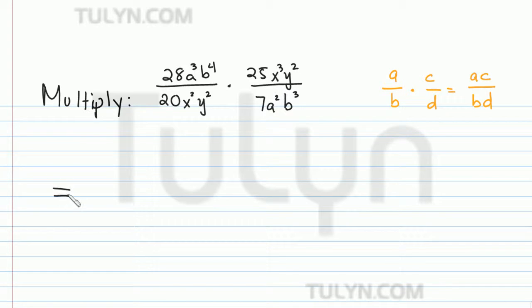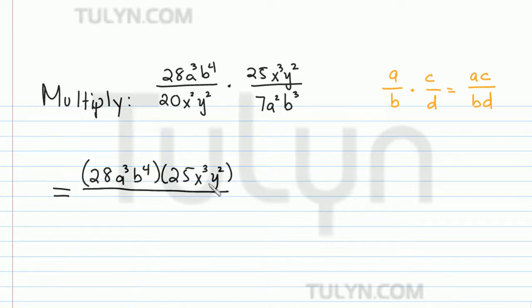So you can rewrite this as 28 a cubed b to the fourth times 25 x cubed y squared over 20 x squared y squared times 7a squared b cubed.